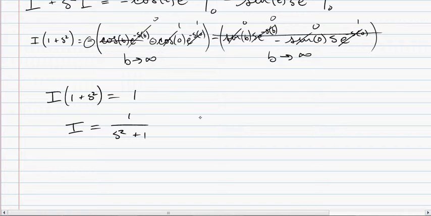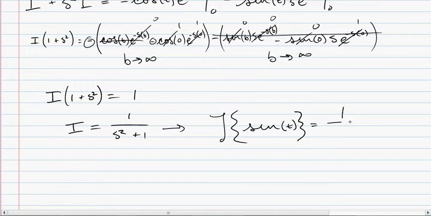So you can say from that that the Laplace transform of sine of t is equal to 1 over s squared plus 1.